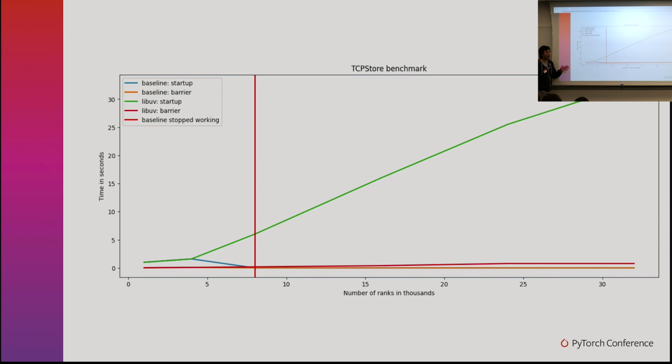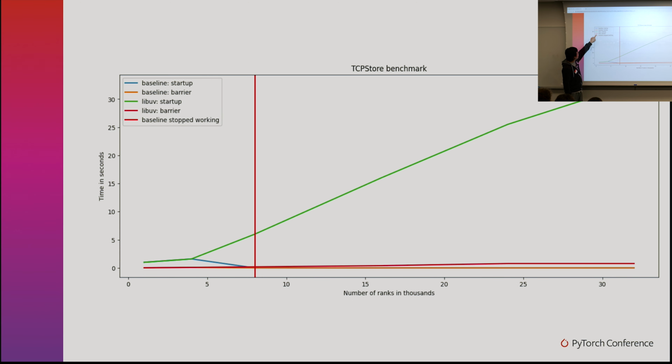This is because we add some randomized slowness to each client, so that they will not rush to the server at the same time, which is like a DDoS attack, right? So at 8K, the old TCPStore failed, and the libuv backend still works, and the time is growing linearly, which means it is still scalable.